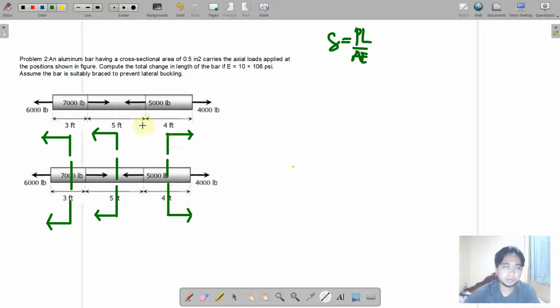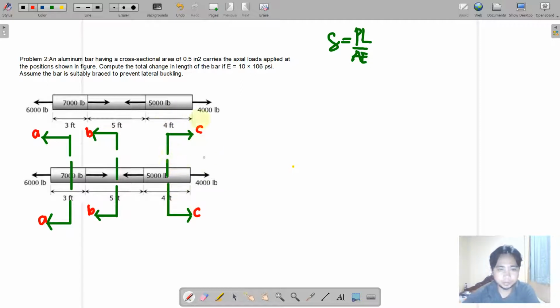So this section shall be labeled accordingly. We have here a section AA, section BB, and a section CC.